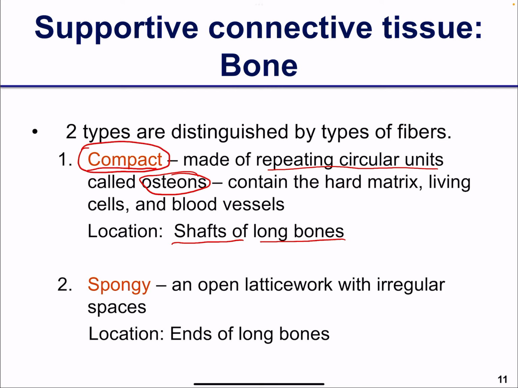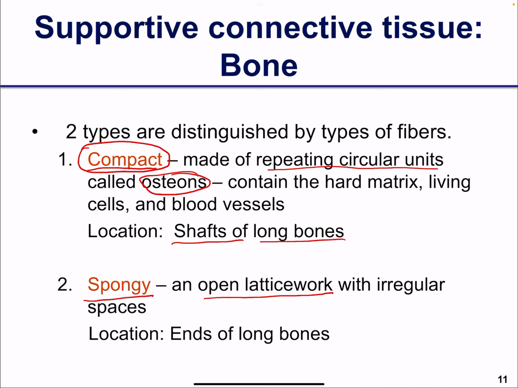Then at the extremity of long bones, we are going to find a type of bone that we call the spongy bone. That spongy bone is made up of open lattices, right?